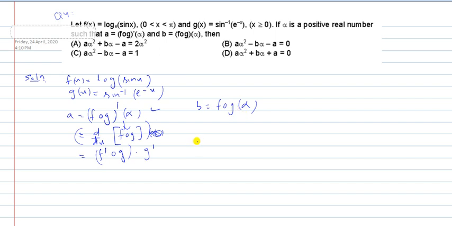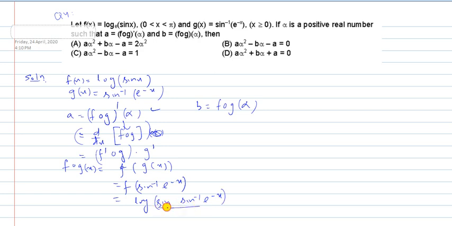So now let me see. Let us find f of g first. For that, let me find f of g of x. So it is f of sin inverse e to the power minus x, that is equal to log sin, in place of x I will be writing sin inverse e to the power minus x.